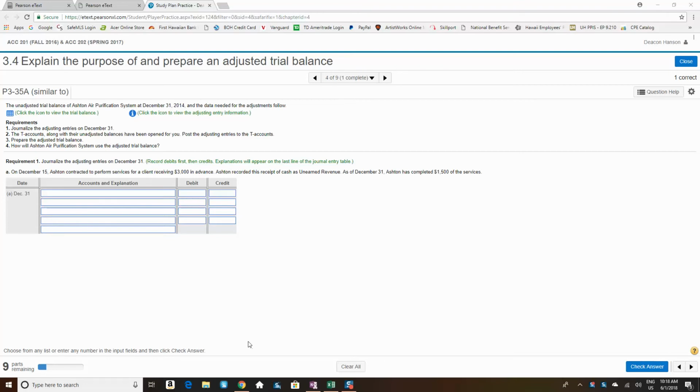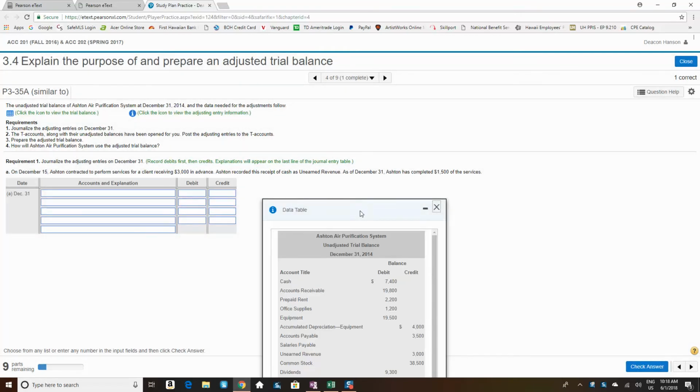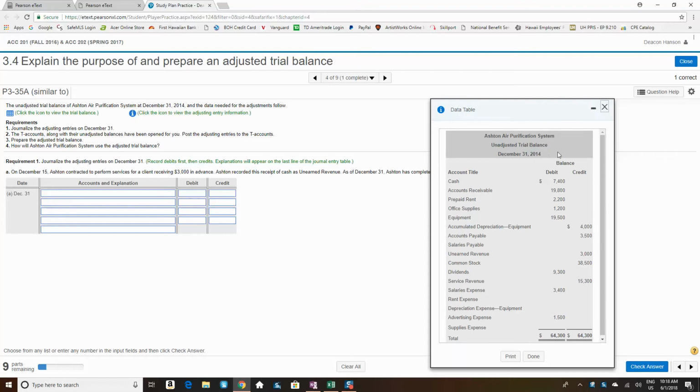Okay, so this company is called Ashton Air Purification System, and they give me the trial balance, which is here. Now this is an unadjusted trial balance, meaning that these balances don't reflect any adjustments or any adjusting entries yet.